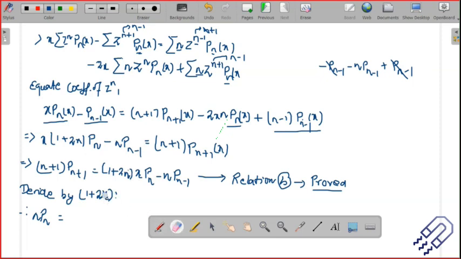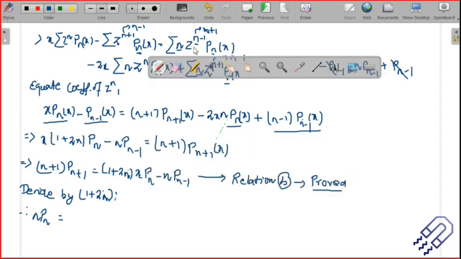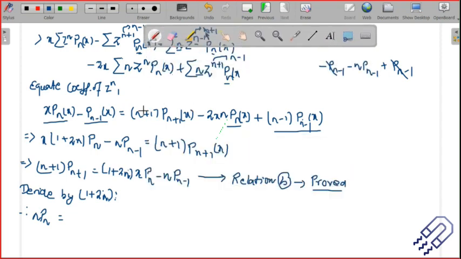That's why I was thinking we divided by 2n. Yeah, so this will be divided by 1 plus 2n on both sides. Okay, so divided by 1 plus 2n on both sides, then we should, I think, get it. Yeah, correct. So I can have x p n on one side, and on the other side I can have it as n plus 1 divided by 1 plus 2n, this is p n plus 1, then minus will become plus because I'll take it on this side.